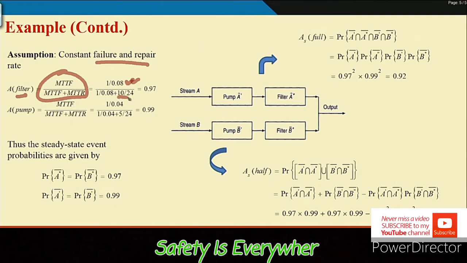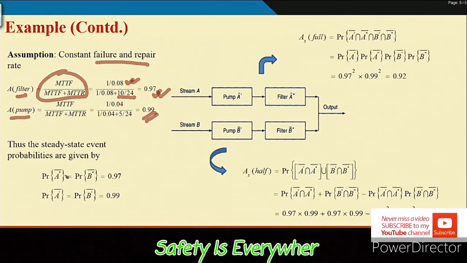So that is why 10 by 24, and 0.08 is also per day. We have converted everything in terms of day, and then you get the availability for filter as 0.97. Please remember that both the filters are identical, so their availability is also identical, 0.97. In the same manner, availability of each pump is 0.99.